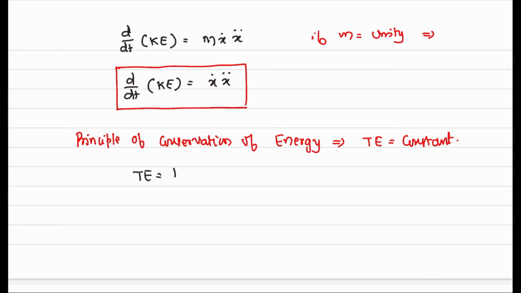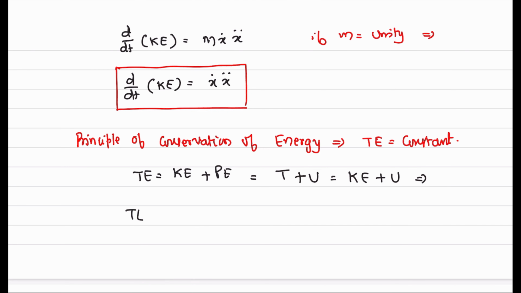Total energy is equal to kinetic energy plus potential energy. We can keep kinetic energy as kinetic energy only, and we took potential energy as U. Then total energy is equal to constant, which implies d by dt of total energy is equal to 0.